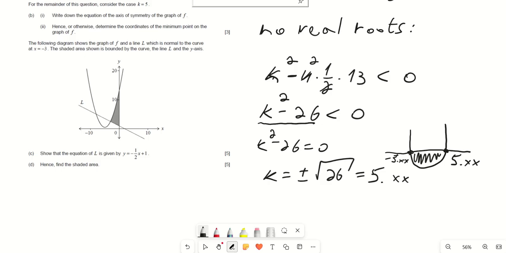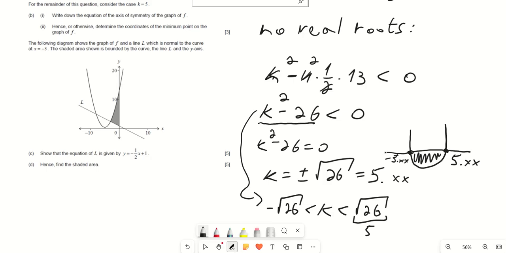So the solution for this inequality is when k is between those two values. And since I know that this one is 5 point something, it means that k has to be less than 5 point something.